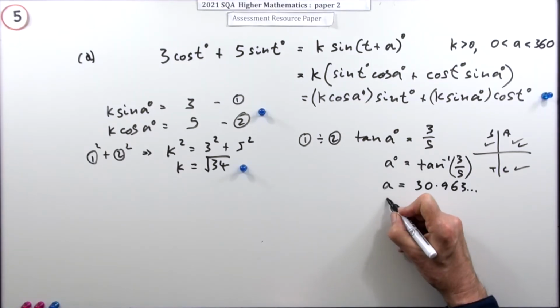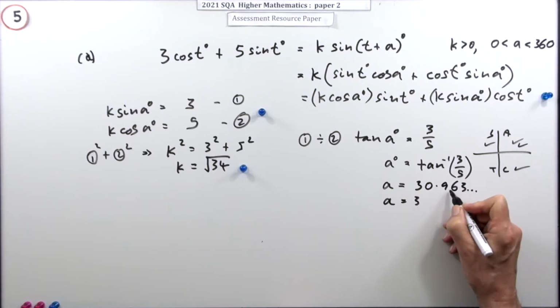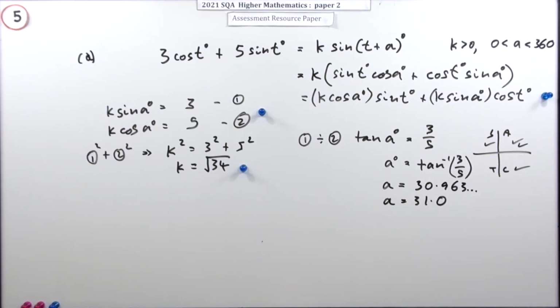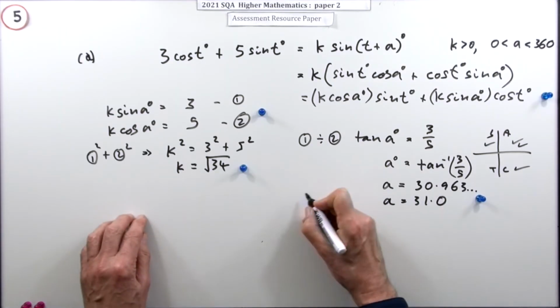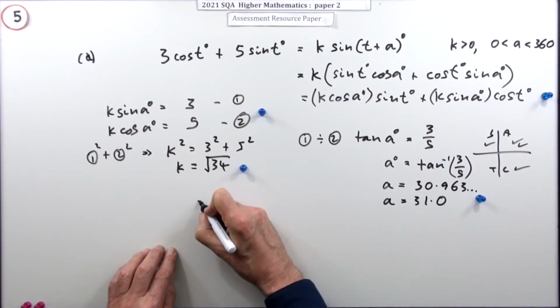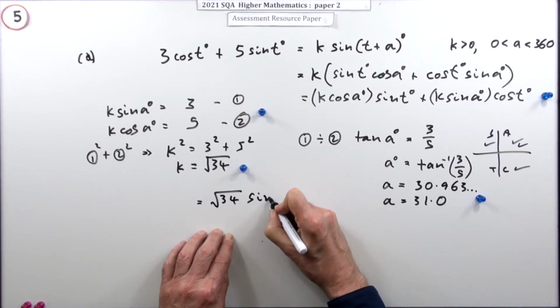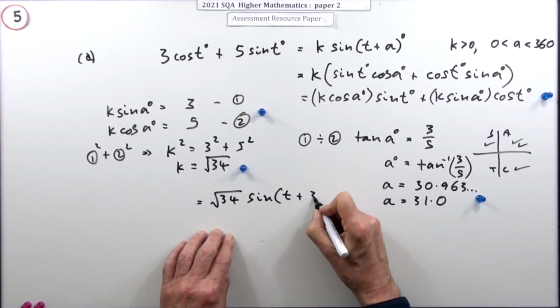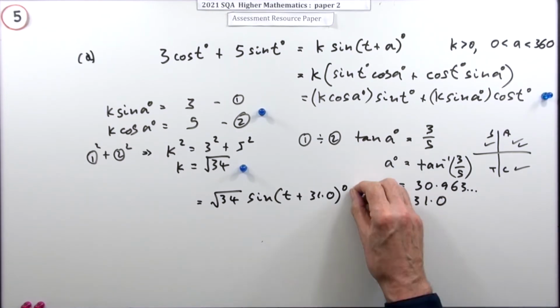So I think I'll just go for 31.0 for that mark. Although maybe that was a bit hasty. I don't think you get that mark until you've actually written it down here. Right, so the final answer is going to be, it's equal to root 34 sine t plus 31.0 degrees. I think the mark went there.